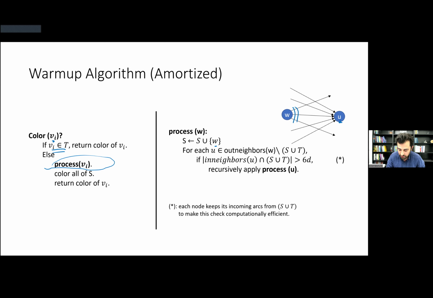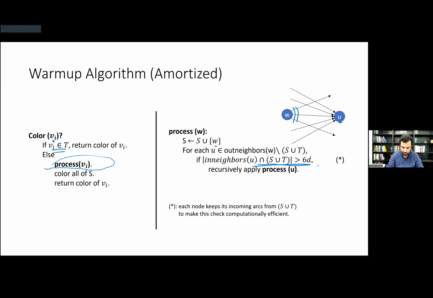So I check how many of its in neighbors are in the set T or in the set S. If that number is more than 6 times D, there's a danger of violating the invariant here. So I'll put also the vertex U into the set S. But actually, instead of doing that directly, I'm going to invoke this recursive call on vertex U.